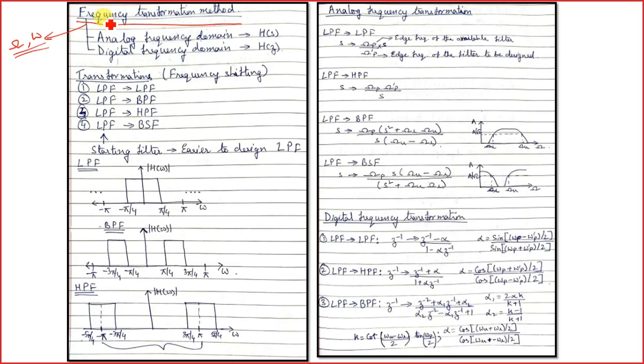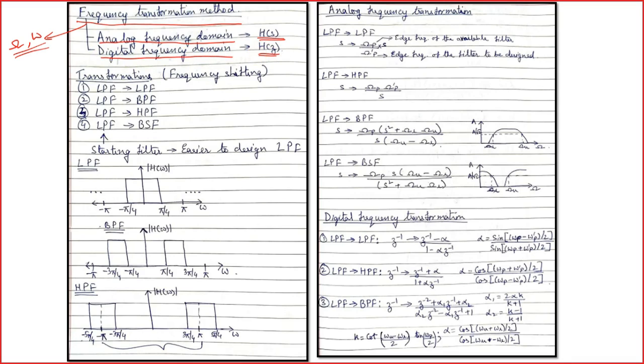We can apply it either in the analog frequency domain, which is in the S plane, where our transfer function is given by H(s). On the contrary, we can also do the transformation in the digital frequency domain, where the transfer function of the system is given by H(z).